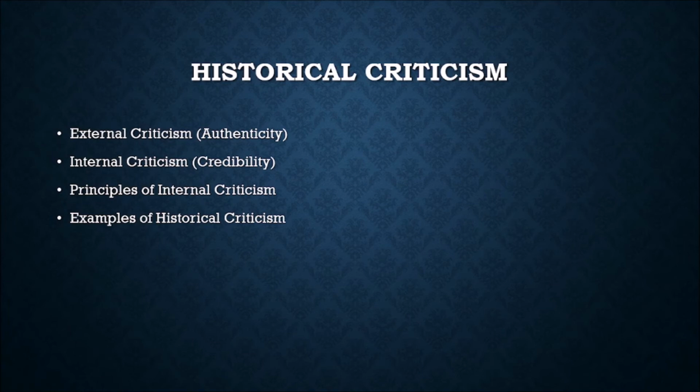Students, now we first need to see external criticism. Authenticity. External criticism deals with the genuineness of the documentation, where the documentation is shown to be true to its origin.